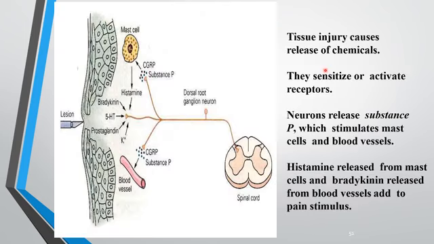Tissue injury causes release of chemicals. So this is the lesion, the site of injury. The chemicals are released, they sensitize or activate the receptors, and neurons release substance P. So the collateral axons release substance P, which stimulates mast cells and blood vessels, and histamine released from mast cells and bradykinin released from blood vessels add to the painful stimulus.